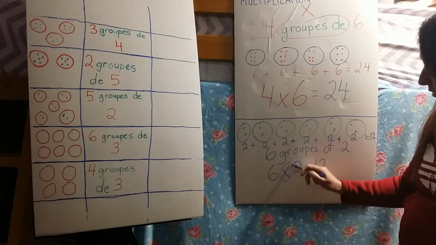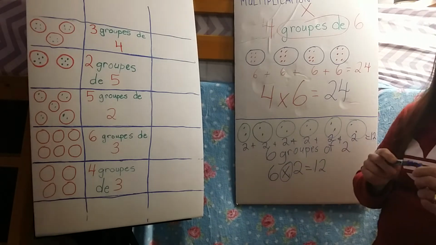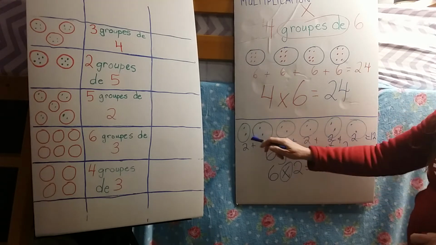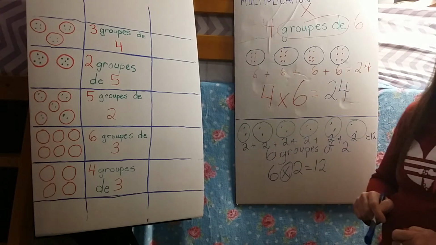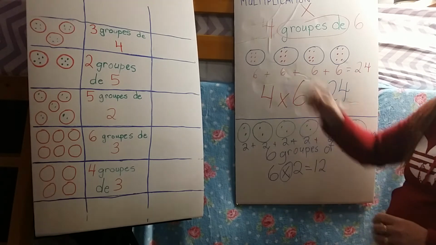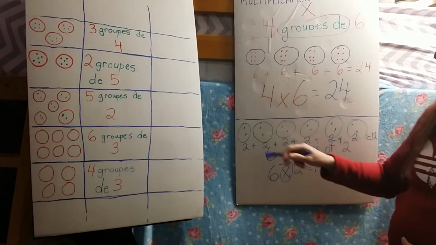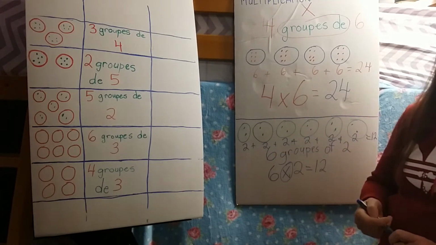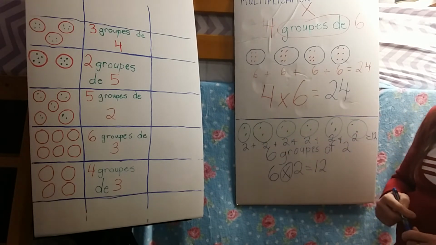And this little symbol here is a very fast way of adding up a lot of numbers when all of the numbers that we're adding up are the same. And that is what multiplication is. Finding the total of a lot of numbers when the numbers are the same.